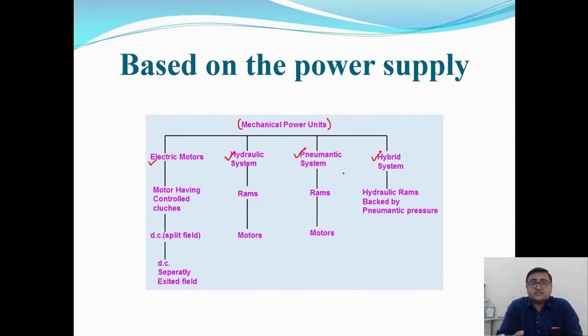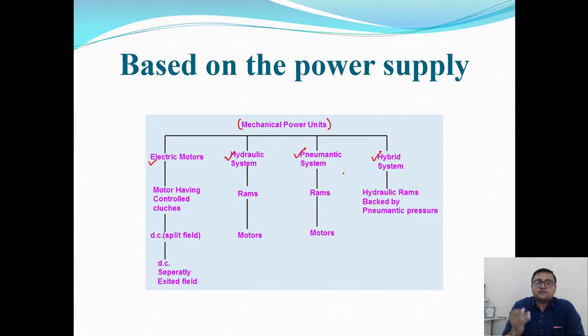As the name suggests, it is a combination of one or more power systems. If an electric motor and a hydraulic mechanism are synchronized in a single system, then it is called a hybrid system. We have already seen such systems in automobiles in recent days, like electric vehicles and CNG vehicles, or petrol vehicles and CNG vehicles. If such a fusion is available, then it is called a hybrid system.